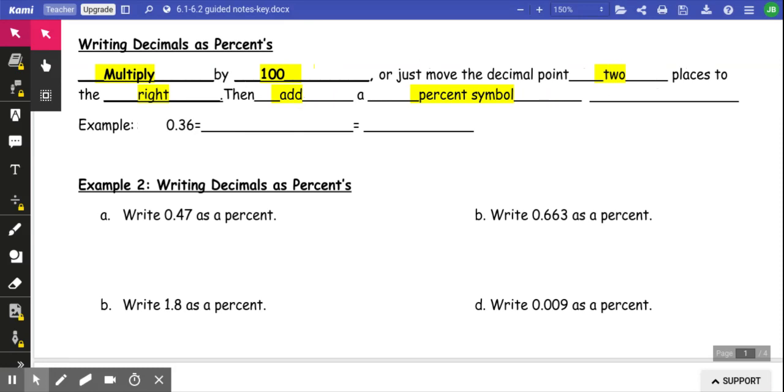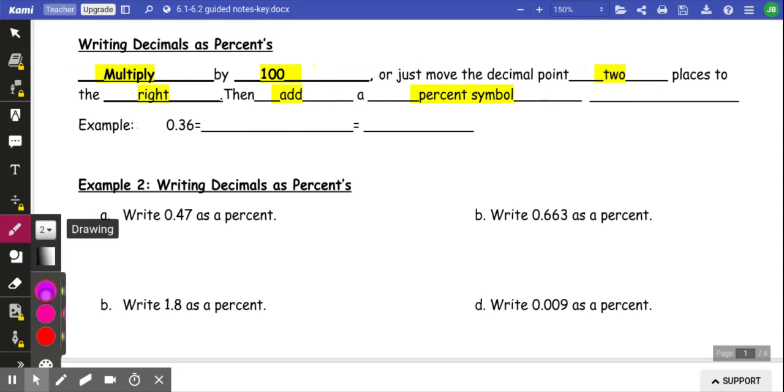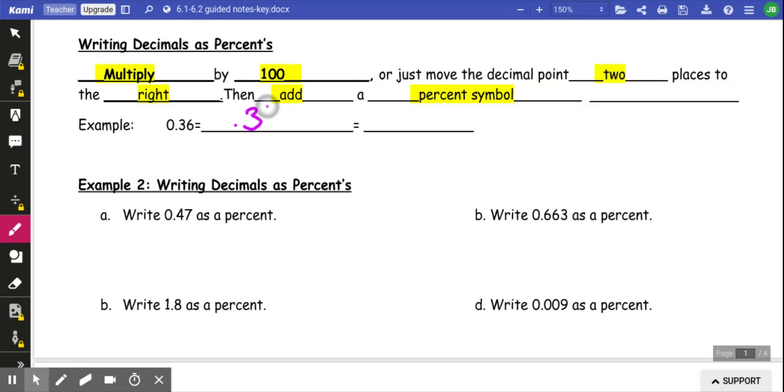Okay, we have 0.36, or 36 hundredths, and we are going to shift that decimal point 2 to the right, and then add our percent sign. So we would get 36%.